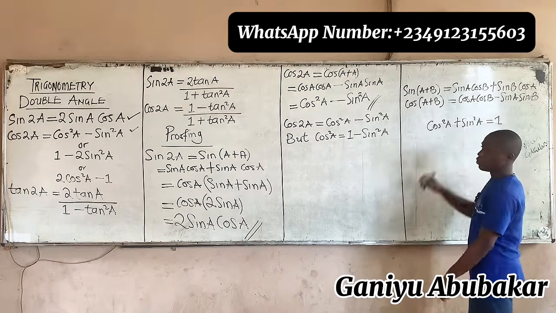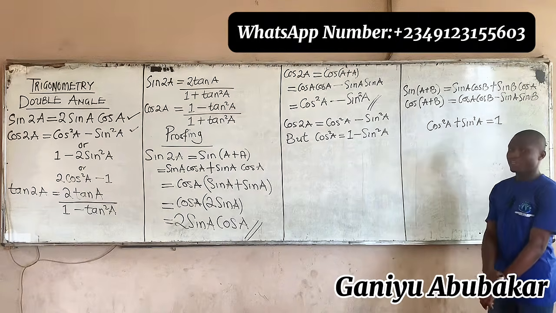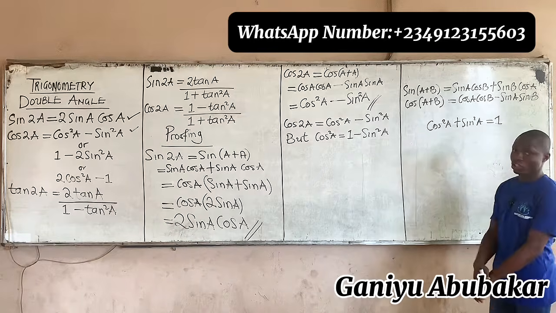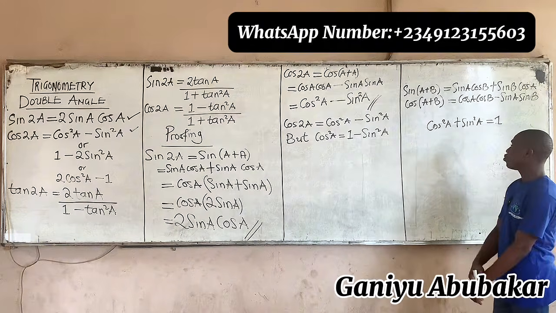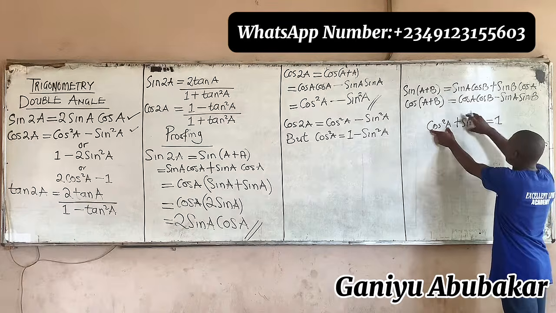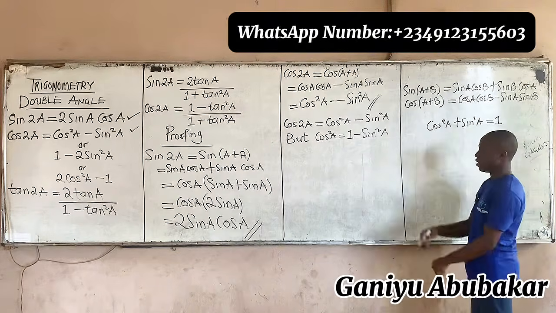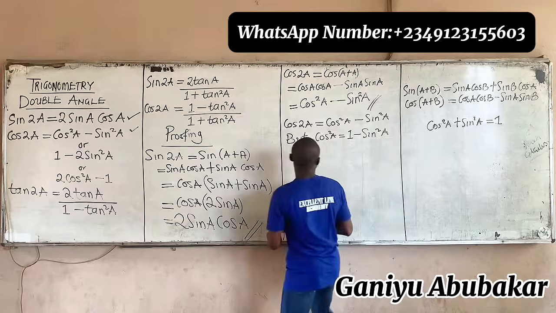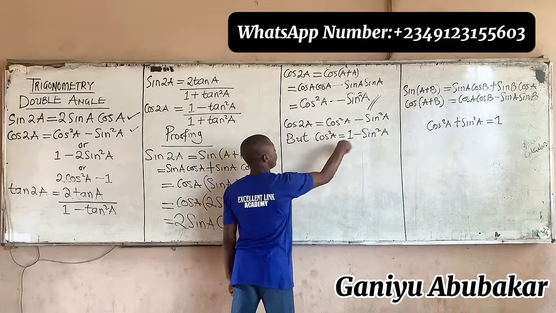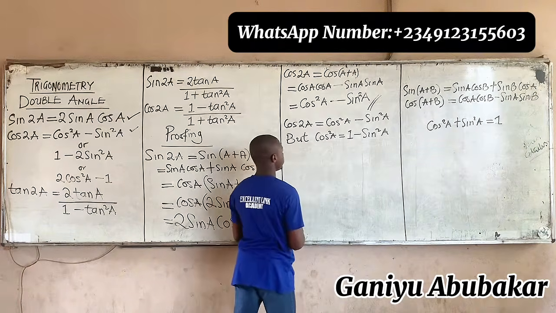This is your fundamental trigonometric identity. So if I make cos squared A the subject, this one will move here and becomes minus sine squared A. So anywhere I see cos squared A here, I'll put 1 minus sine squared A.